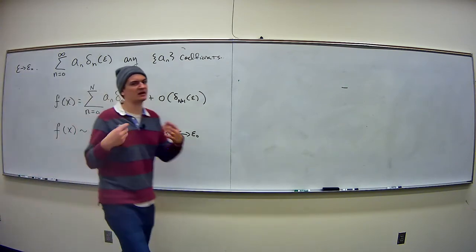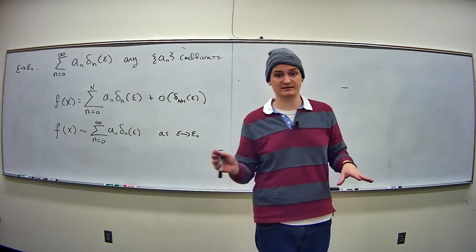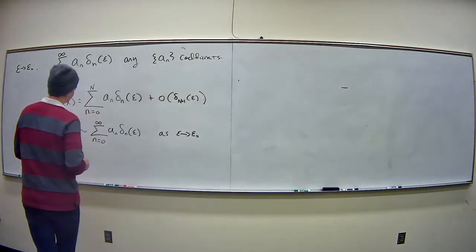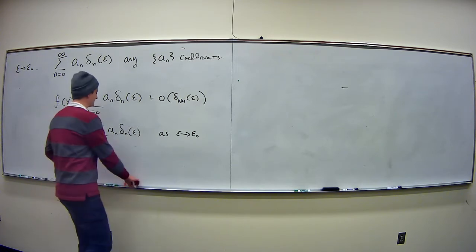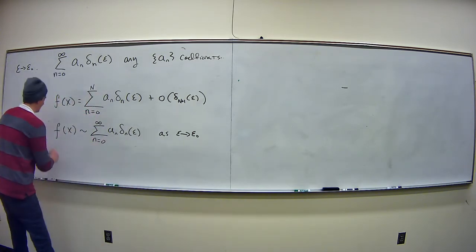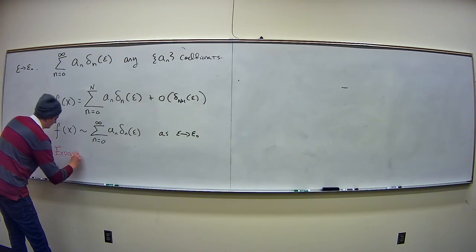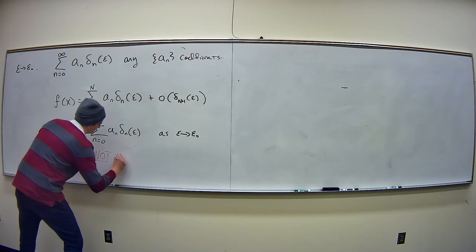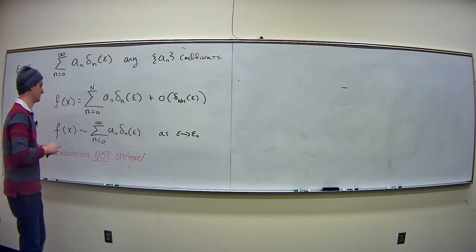Okay? So it should be very clear, right? You could pick any asymptotic sequence you wanted. All this had to satisfy was those properties. So maybe you should understand now that since I listed so many of these, the expansions are not unique, right?